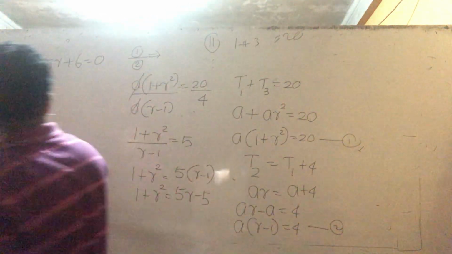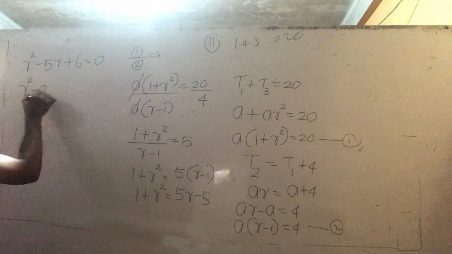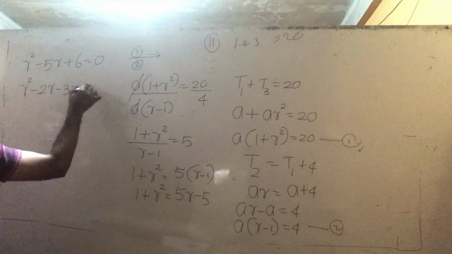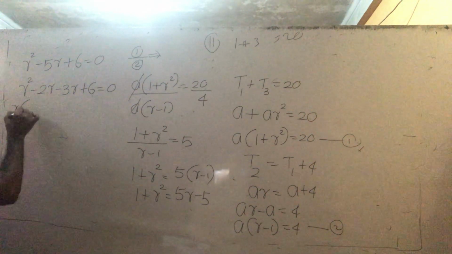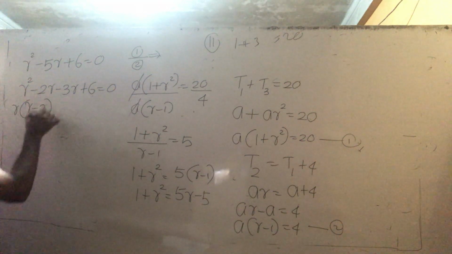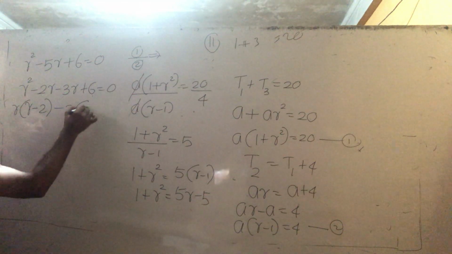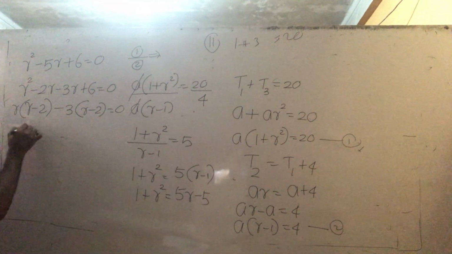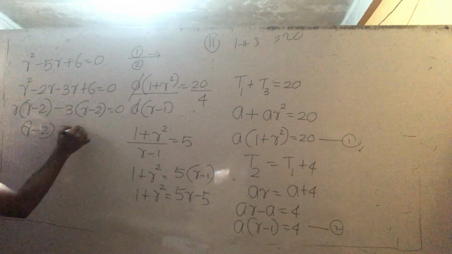Therefore r square minus 2r minus 3r plus 6 equals 0. Take r out: r minus 2. Take minus 3 out: r minus 2 equals 0. This is not GP; this is the quadratic equation and factorization knowledge.